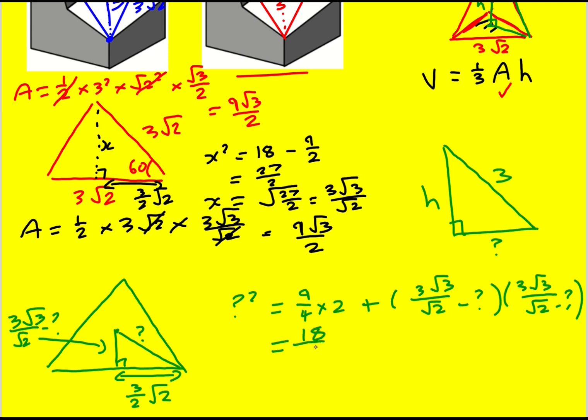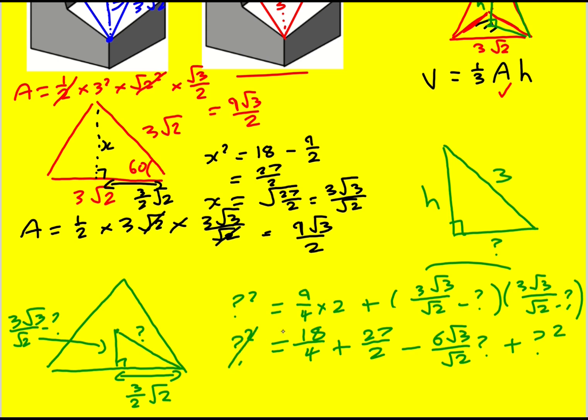I'm going to get 18 over 4 plus, then I times these two together, I'm going to get 27 over 2. Then minus 3 root 3 over root 2 times question mark, but then doubled. That will give me 6 root 3 over root 2 question mark plus question mark squared.